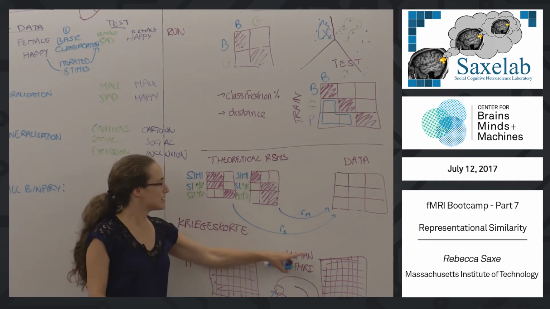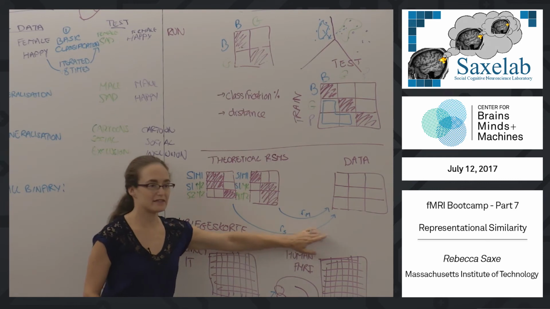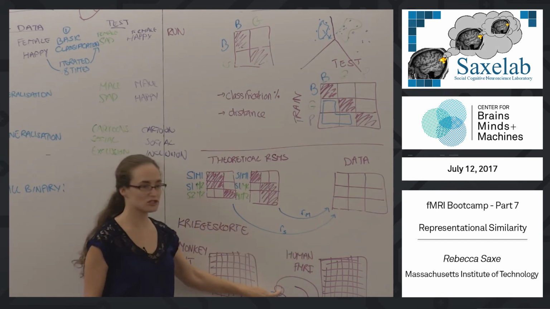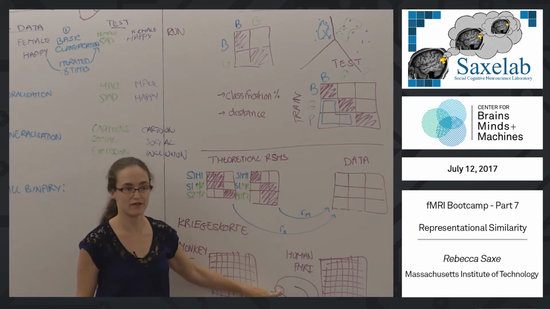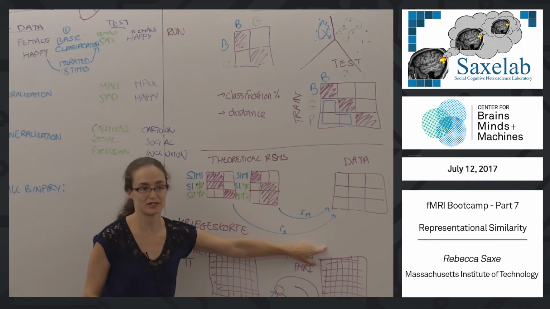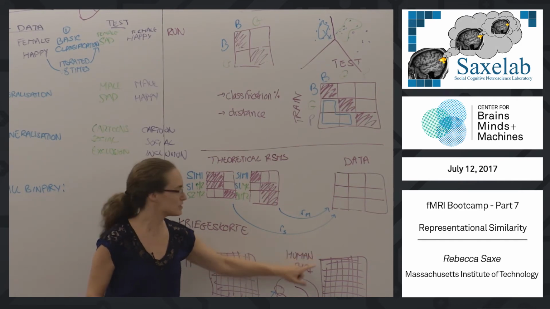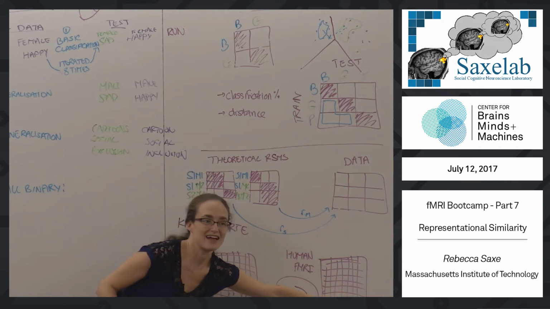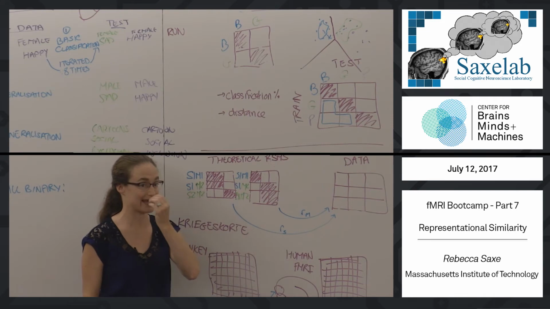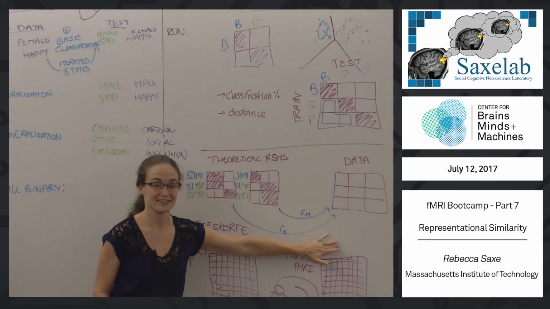So the idea here, what I'm trying to depict, is that the rows and columns are images, stimuli, and for each local region, for each set of voxels, you can generate a full representational similarity matrix that is the relationship of every stimulus to every other stimulus, right? So classification is on the diagonal. Can you classify one image from another? The answer to that is yes. But then the full similarity space is all on the off diagonal, right?